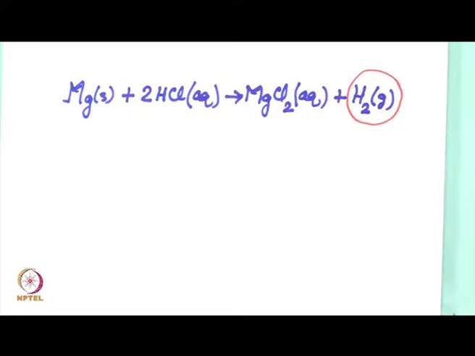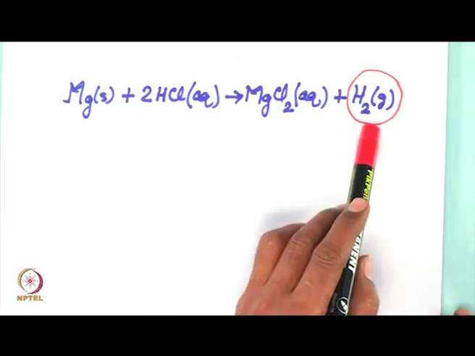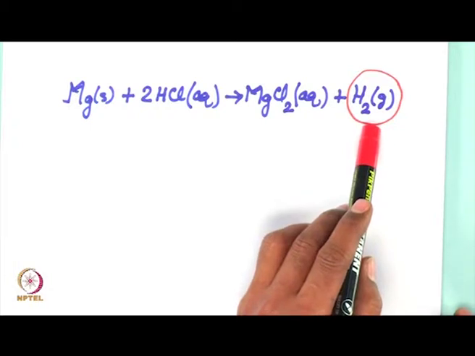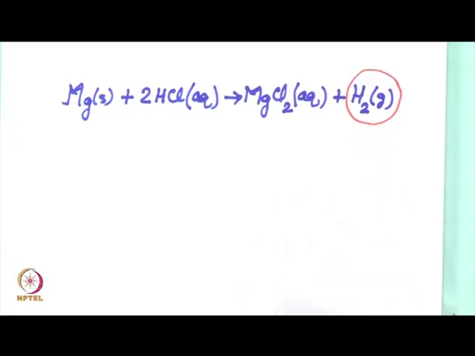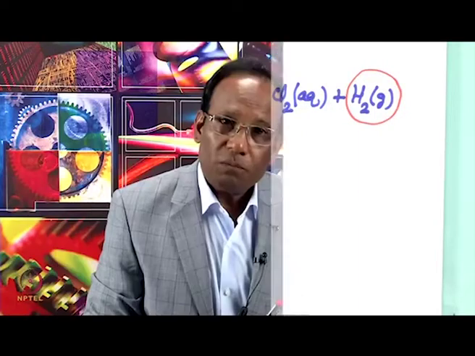In solving this problem, we will assume that the hydrogen gas is behaving ideally. That is an assumption over here. Now, here again another point to note is that the atmospheric pressure is 1 atmosphere.